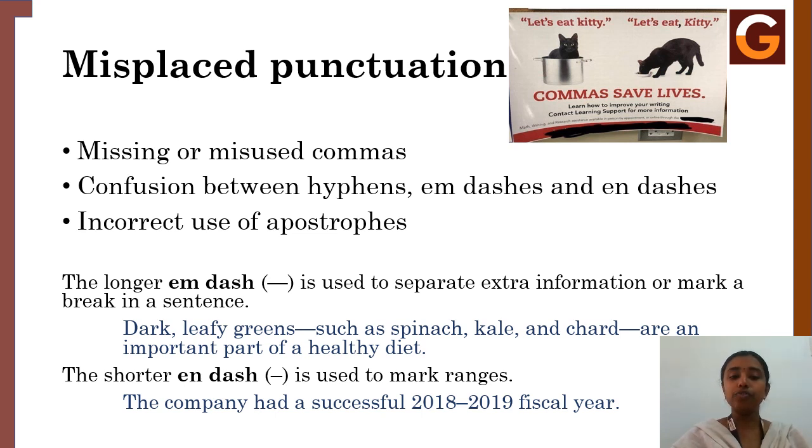And the confusion between dashes: em dashes and en dashes. The em dash is a dash which is the width of the capital M, and the en dash is the width of the capital N. The em dash is usually used to separate two clauses, where the meaning of the first clause is carried forward in the second.